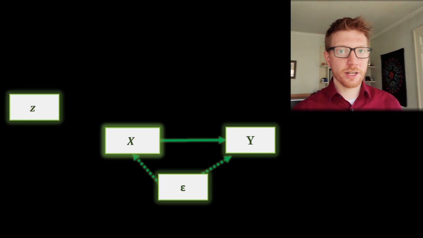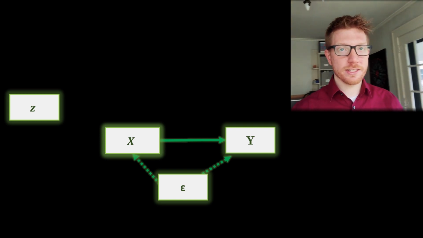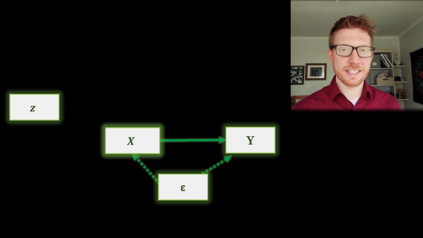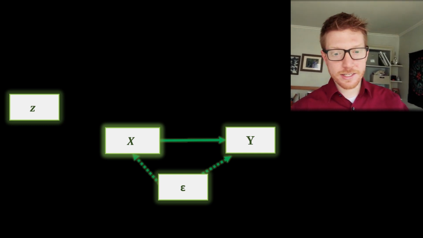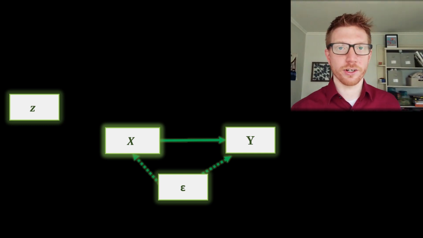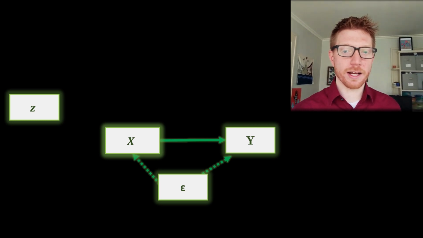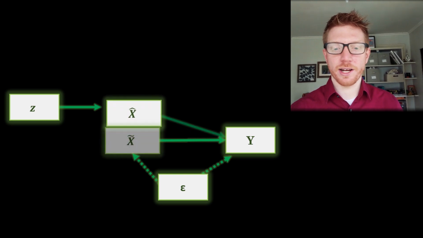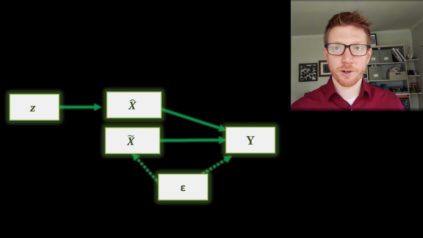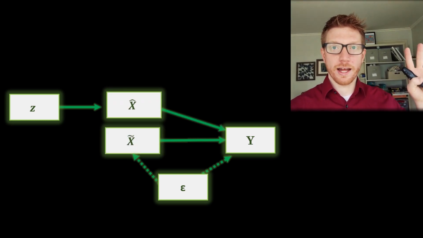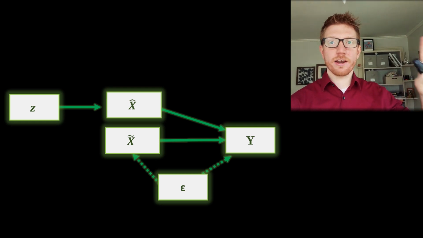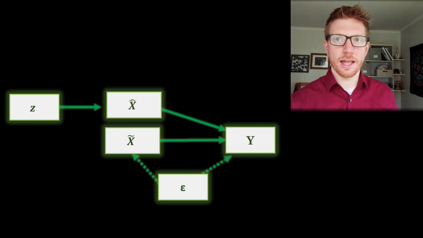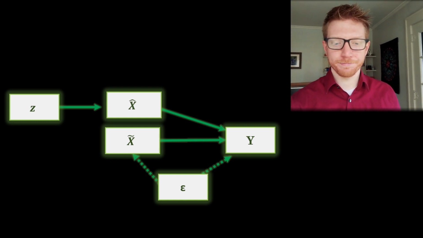So what we were talking about in this section was the idea that there might be some instrument z that is independent of our error term, but has some impact or influence on x. If that's the case, then we can separate out x into two different components: one that is independent of the error term, and one that is still potentially an endogenous factor.